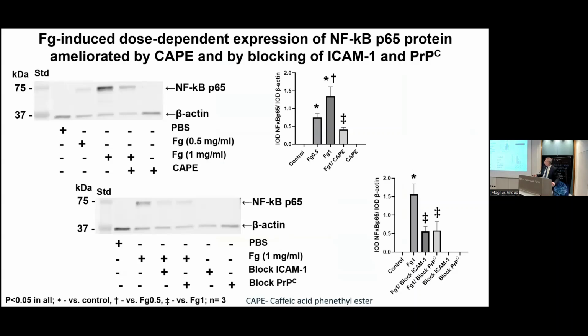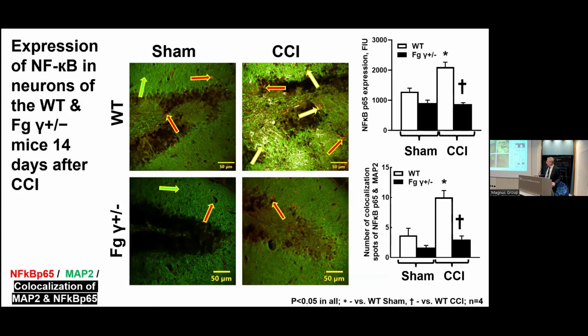Here are more data, and we used ICAM1 and PrPC blockers to show that fibrinogen binding to neurons is the mechanism that affects this process in neurons. Here again, we see NF-kappa B being affected and involved in this process. And this is during CCI.